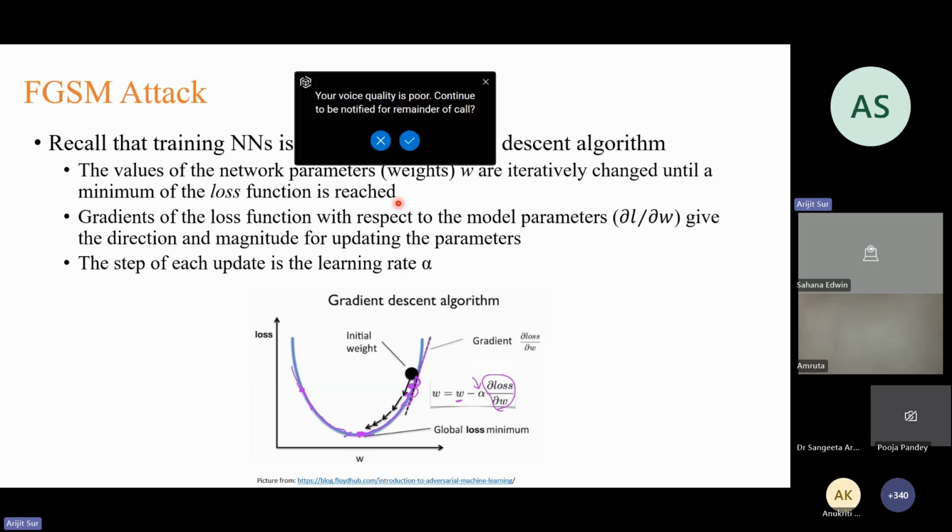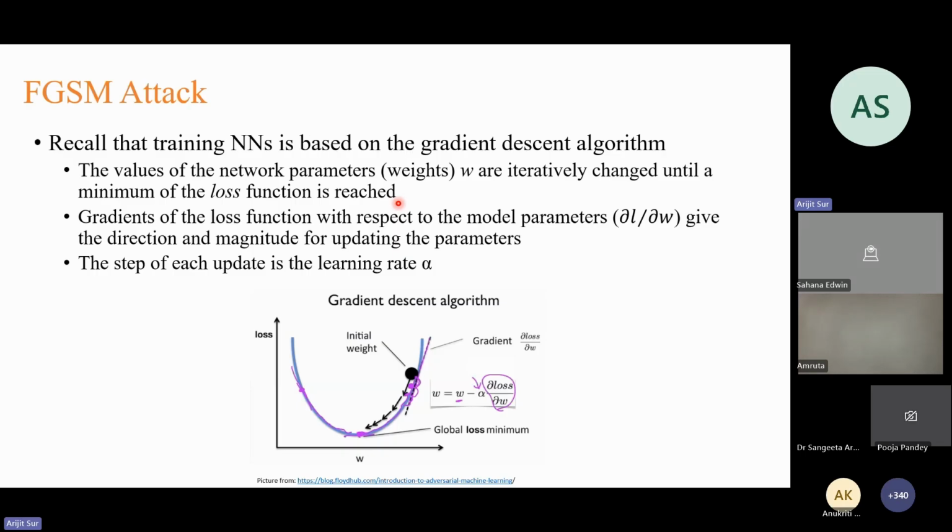We do this on the error surface, starting from a random location and changing the weights so that we can reach the global minimum. For linear regression, the surface is convex, so we can easily get this.